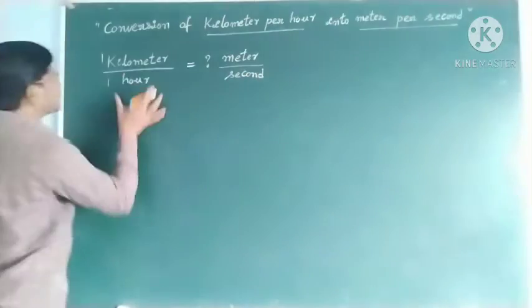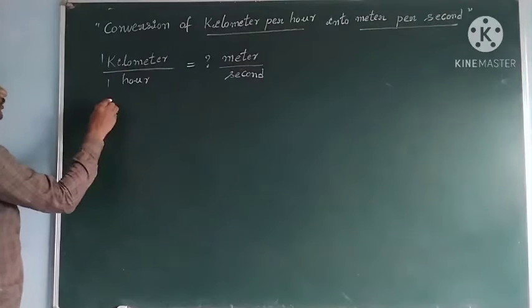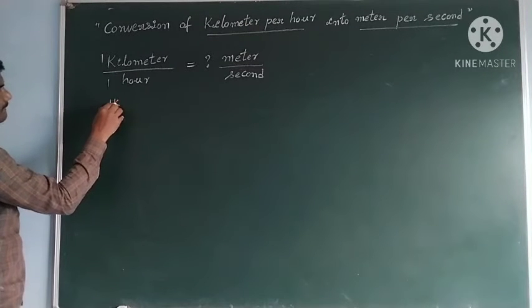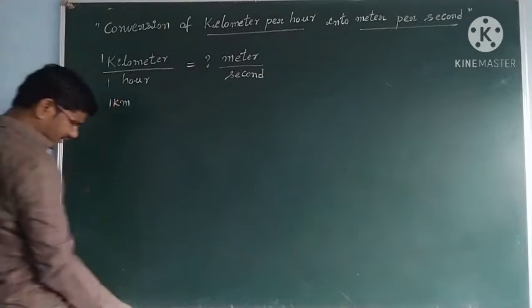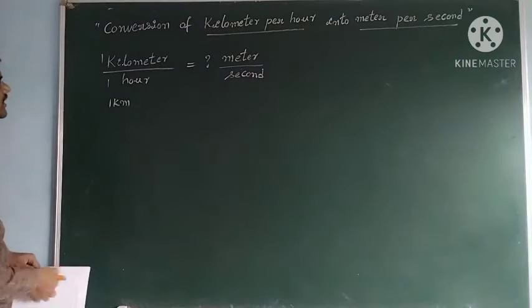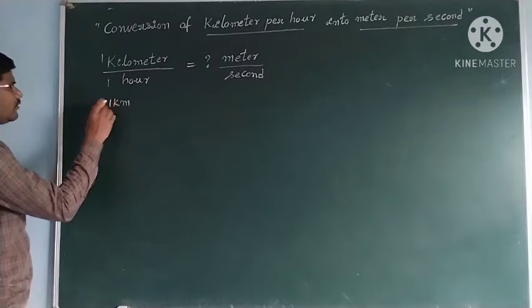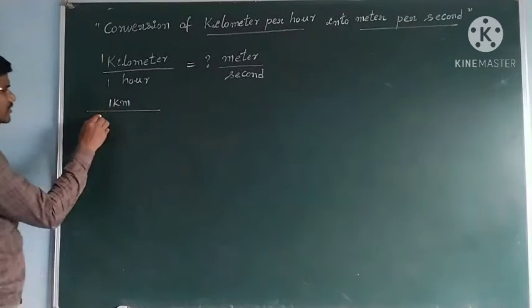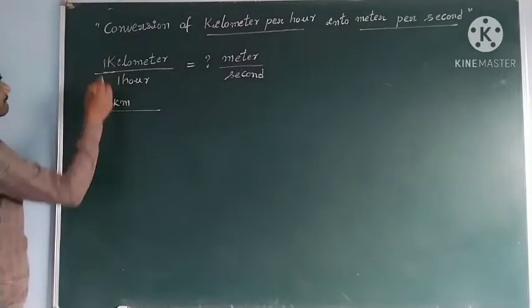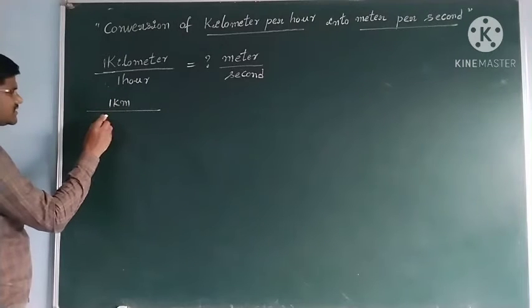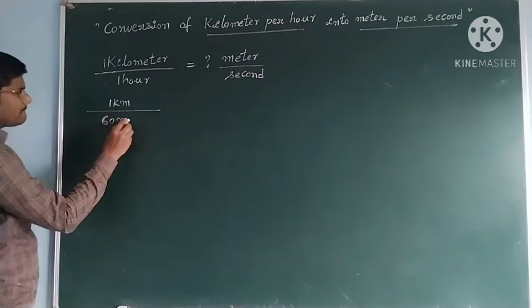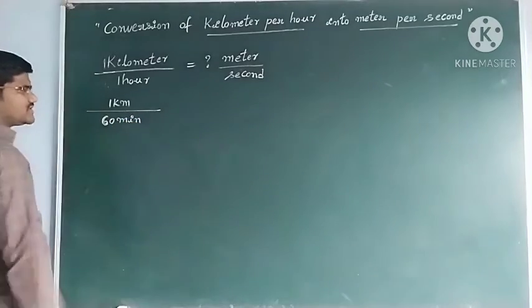Okay, students, 1 kilometer symbol is equal to 1 km and 1 hour symbol. So 1 hour means 60 minutes.